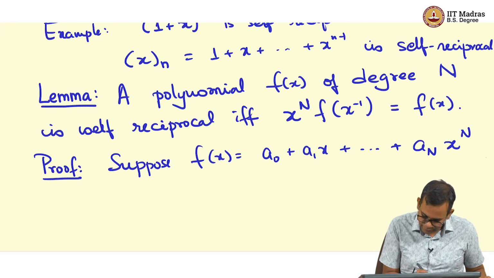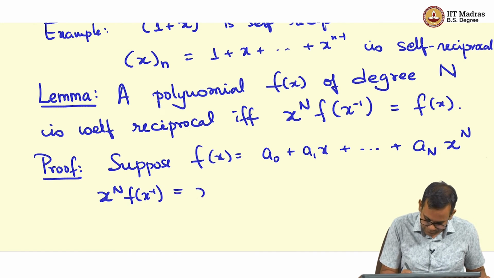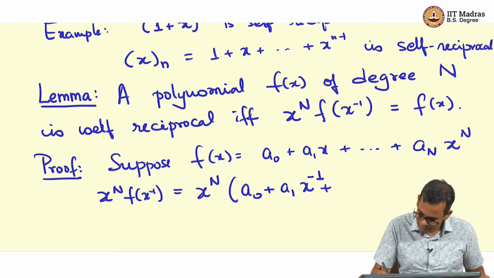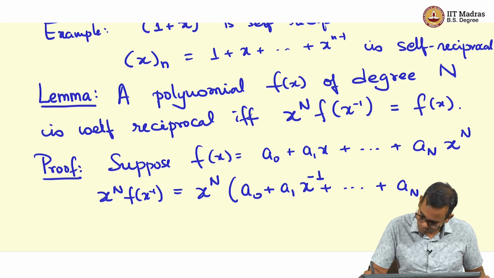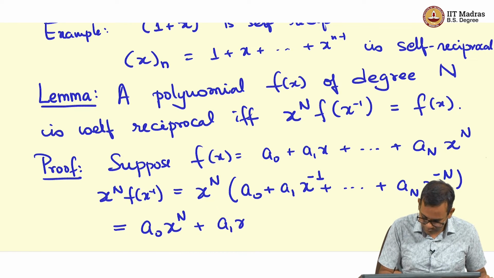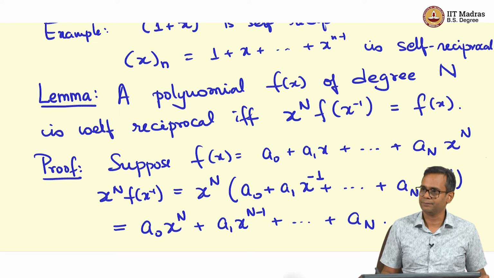Then x to the power n times f of x inverse, well, that is x to the power n, and then we have a 0 plus a 1 x to the power minus 1, and then that goes all the way to x to the power minus n. Multiplying out, you get a 0 x to the power n plus a 1 x to the power n minus 1 all the way up to a n.